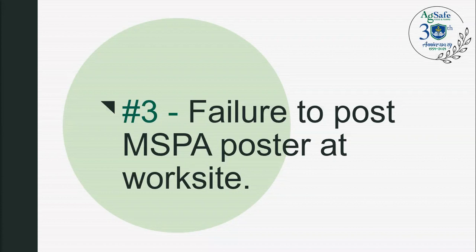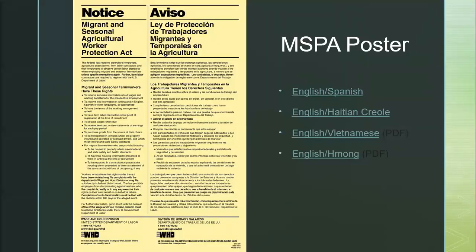Next, failure to post the MSPA poster at worksite. This one's easy. This one's so easy, and there's no reason that you should not be able to be in compliance with this one. All you have to do is go online and print it out and put it at the work site.